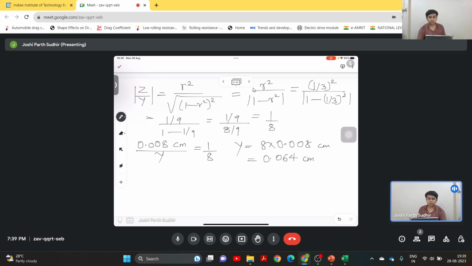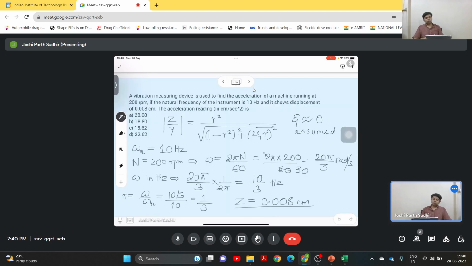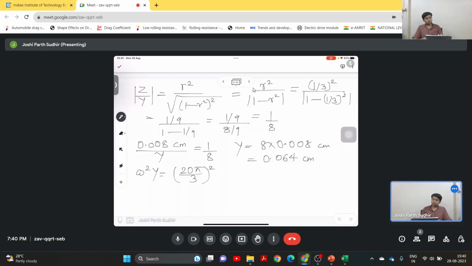The acceleration can be given as omega square Y, with Y as the amplitude. Here omega, we have found out, is 20 pi by 3 radians per second, so the angular frequency in terms of radian per second is 20 pi by 3, into 0.064.